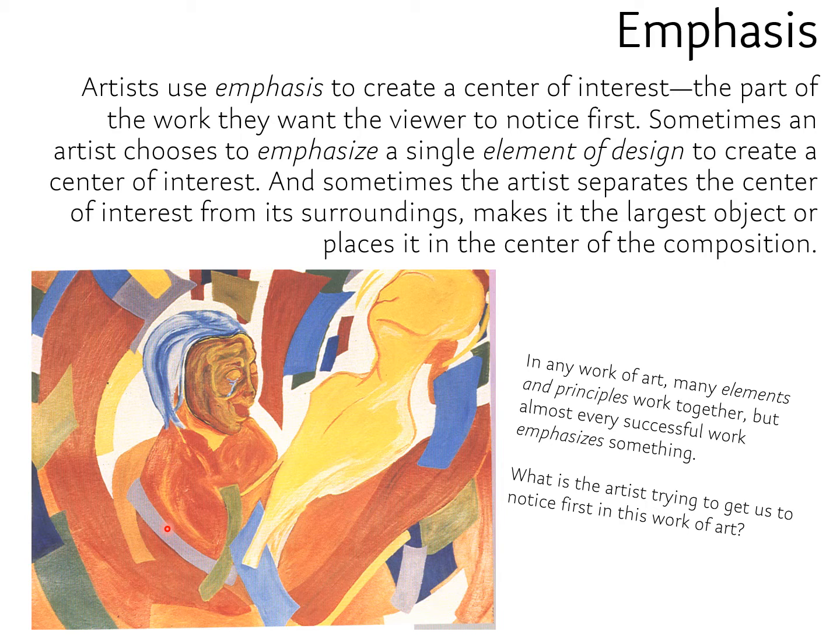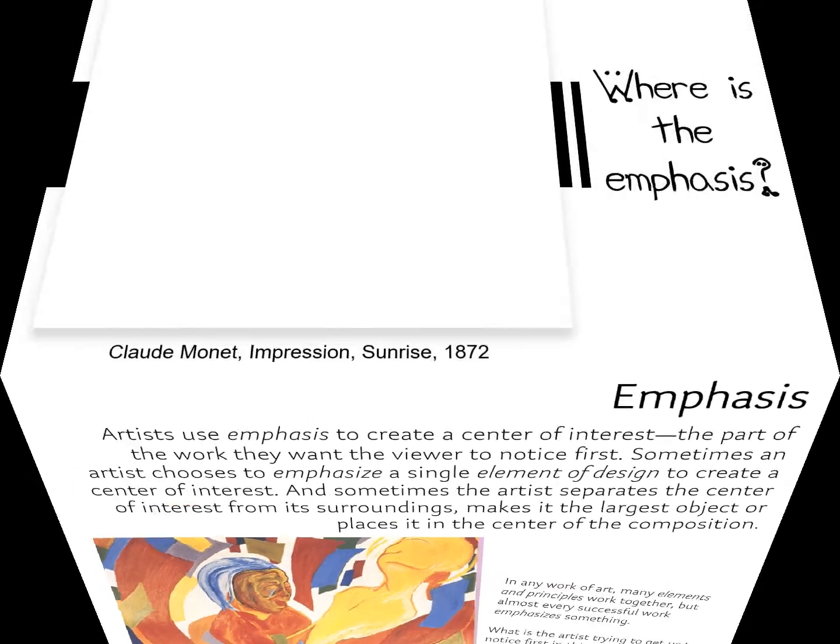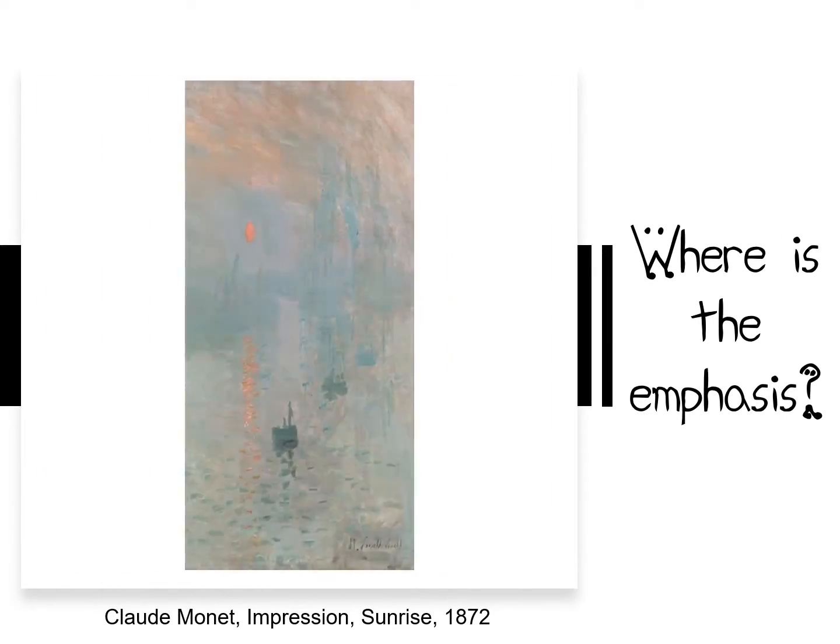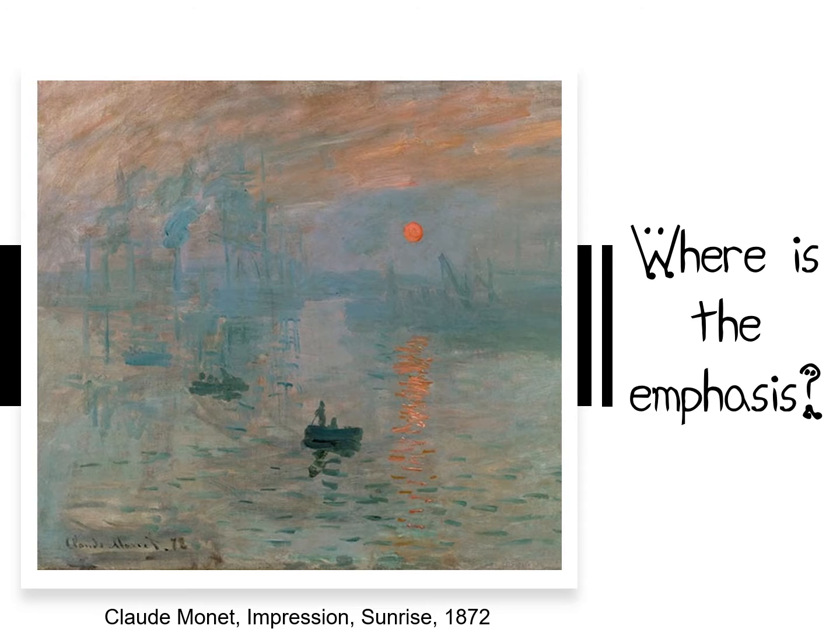If you look at this artwork on the slide, you should notice that you will see this face and this large body here first. Those are what the artist has chosen to emphasize. What about in this work by Claude Monet?